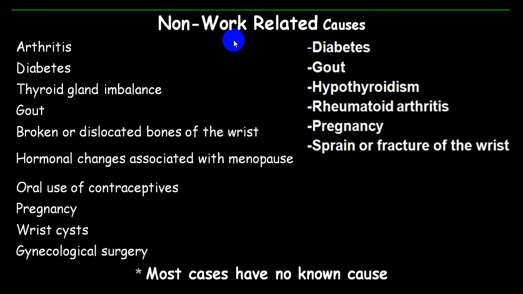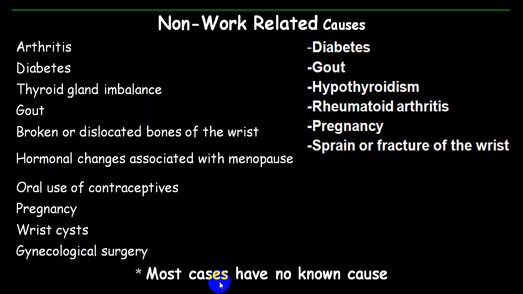A person who is doing repetitive work and gets an injury, and there are a good number of persons with non-work related causes like diabetes, gout, hypothyroidism, rheumatoid arthritis, pregnancy, sprain or fracture at the wrist. And we have already mentioned almost the majority of all these causes.